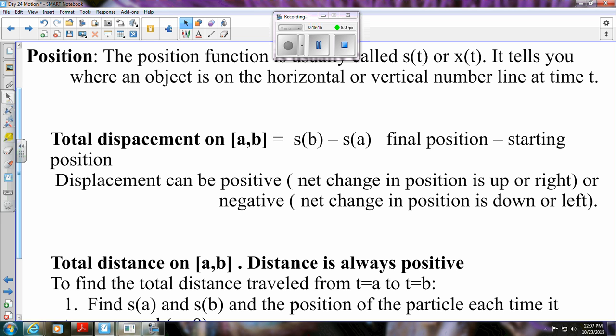What if I started at 6 on the number line and I ended up at 0? What would be my displacement? -6. Basically, you wound up moving 6 to the left. But it's final position minus starting position.